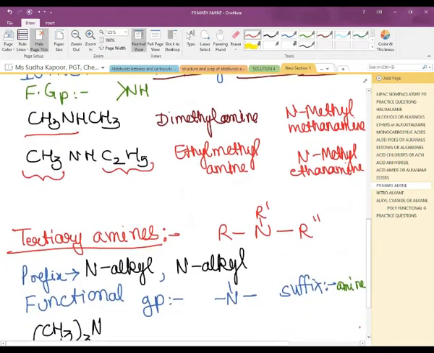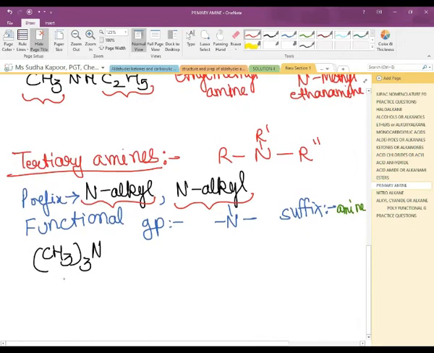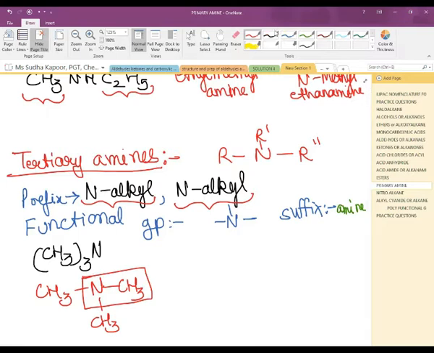Now comes the 3-degree amine. The 3-degree amine has 3 similar or different alkyl groups around the nitrogen atom. So the prefix used is again N-alkyl, N-alkyl if both are different in nature, or if 2 alkyls are the same other than the parent, then it will be known as NN dialkyl. Let us give a very simple example. It can be written as N with CH3 on all 3 sides. Let us consider one of them as the parent and the others as branches.